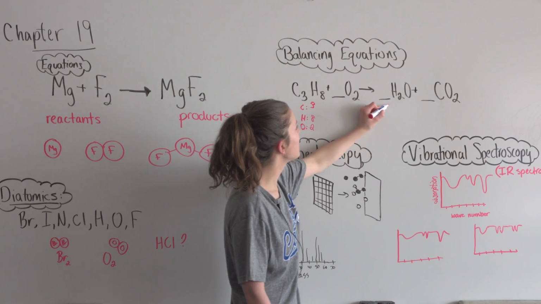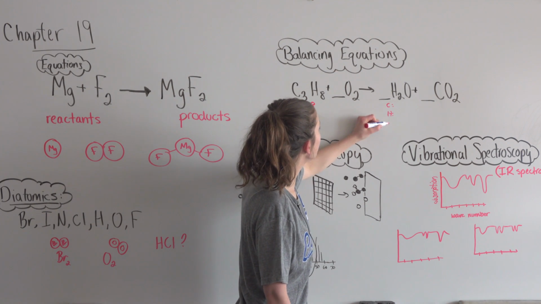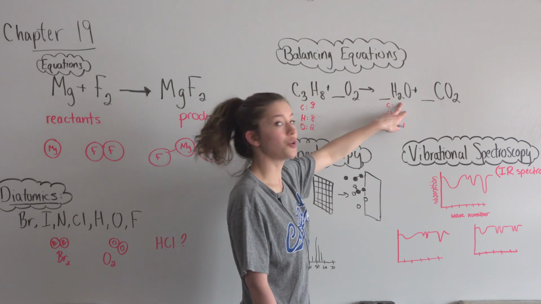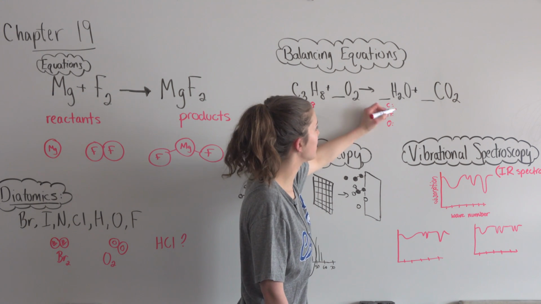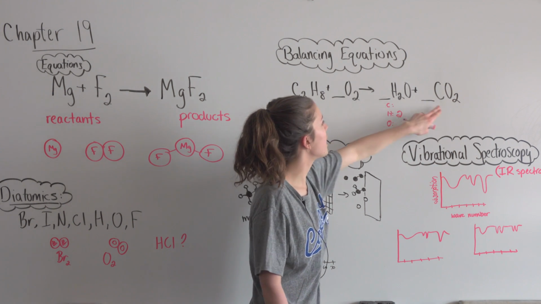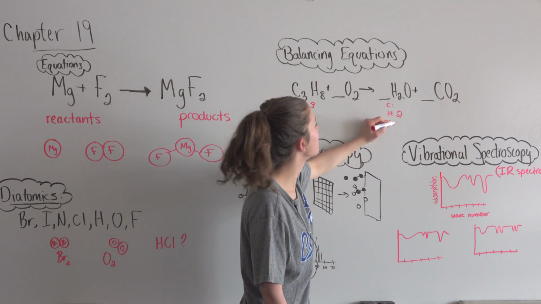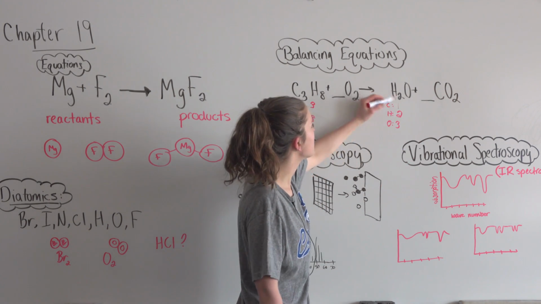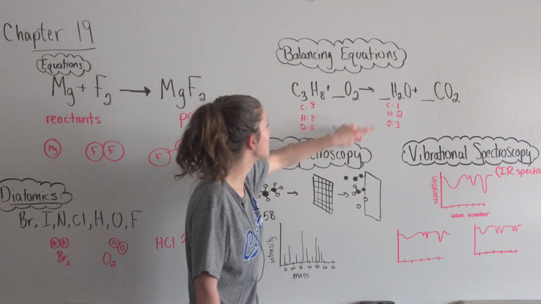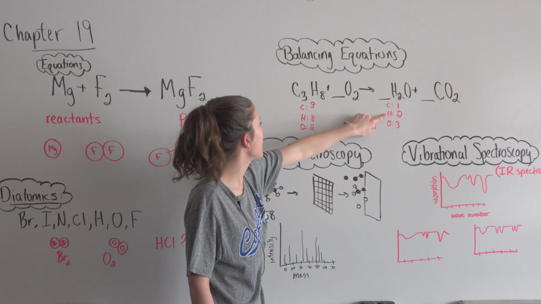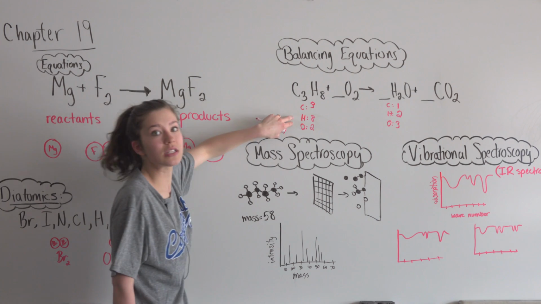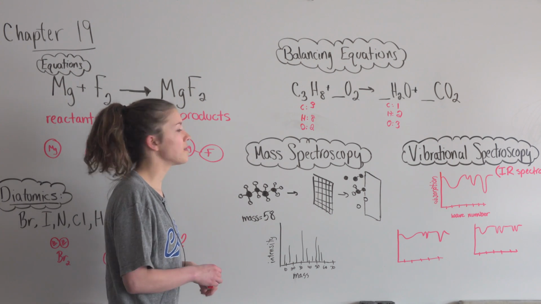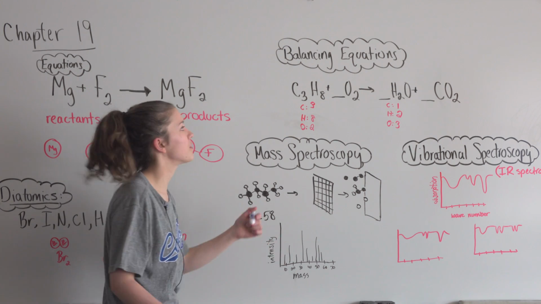And then on this side, we have 2 H's. We have 1, 2, 3 O's, and then we have only 1 C. So we know we need to increase the C's and the H's, and then on this side we need to increase the O's. So I'm just going to try out a number and see if it works.